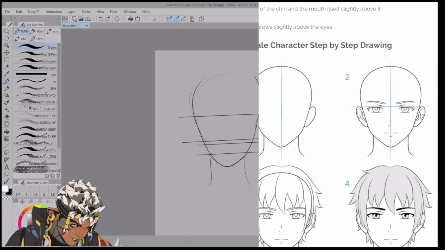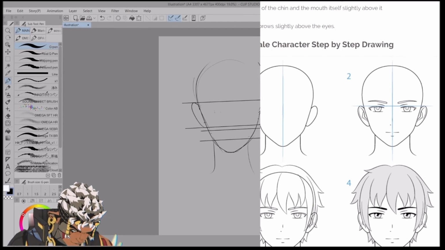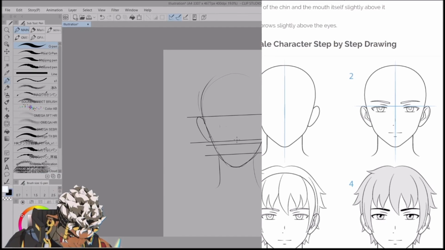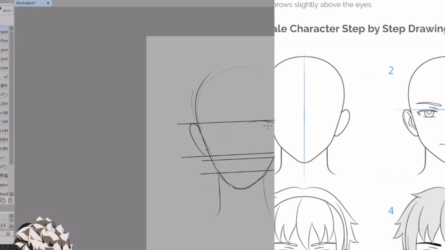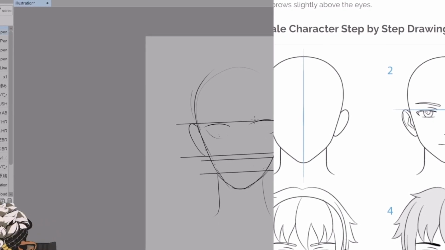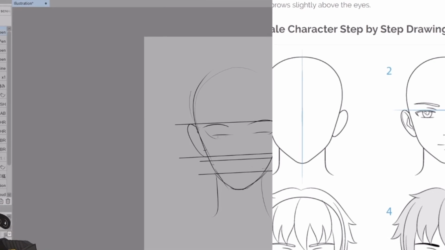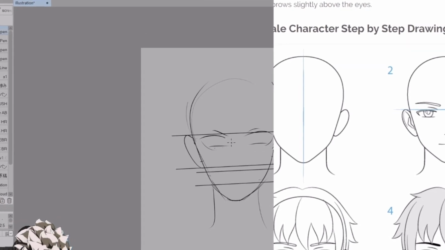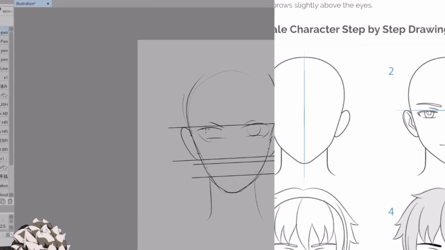Alright, so apparently this is an ear, and this is an ear. And then he has eyes on this line here. And he has like a line at the bottom. I got 2 lines up top. Okay. Then he has his eyes like this.